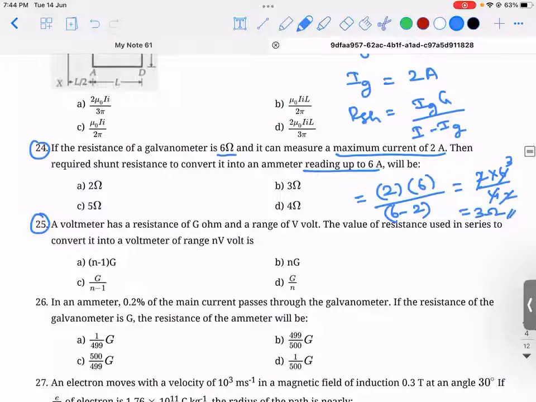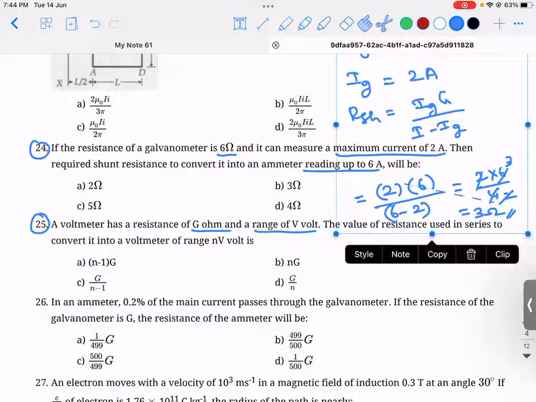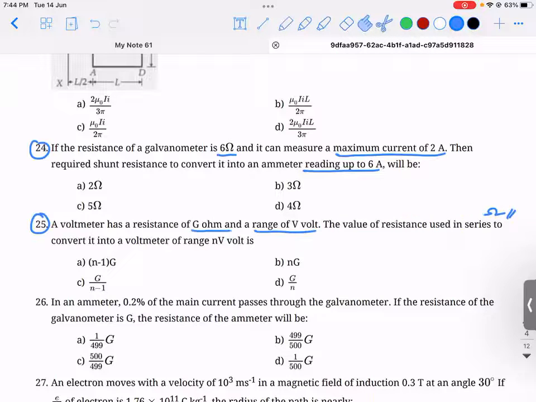A voltmeter has a resistance of G ohm and range of V volt. The value of resistance used in series to convert it into a voltmeter of range NV. So how to do this?